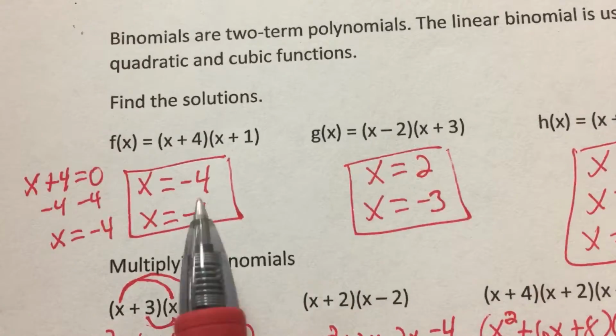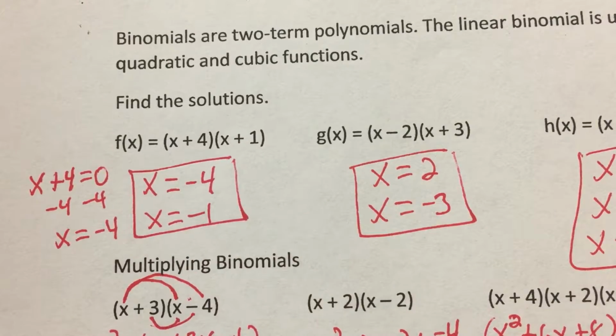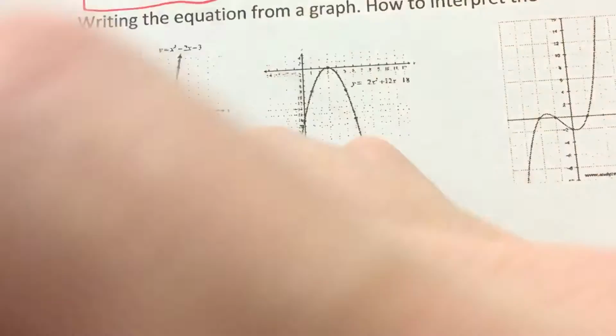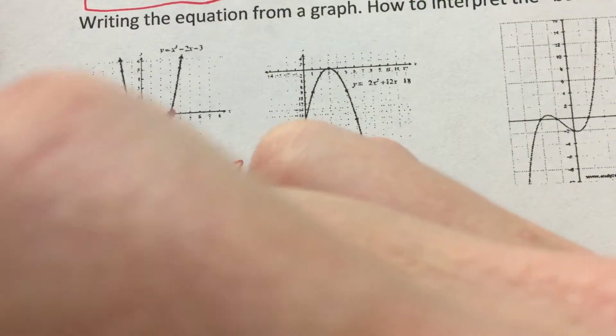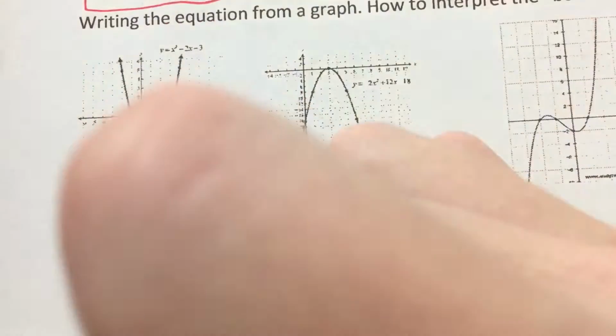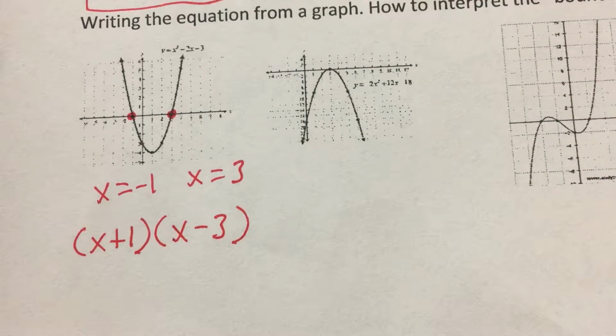Well, since the solutions are always the opposite of what they are in the binomial, we can take that same concept and apply it here. If the solution was -1, then the binomial that made it must have been x plus 1. If the solution was +3, the binomial that made it must have been x minus 3.